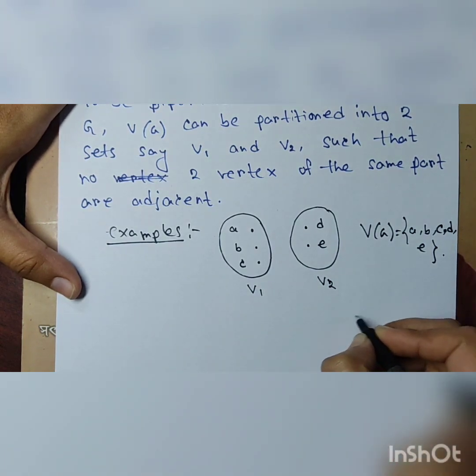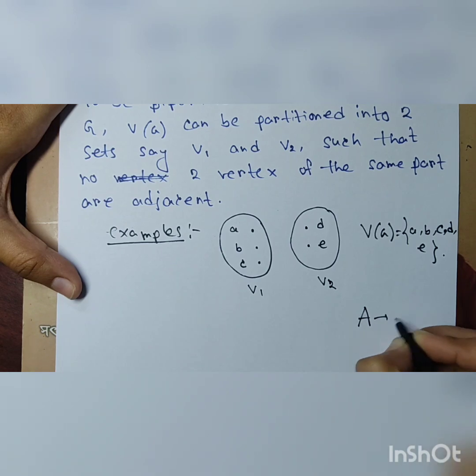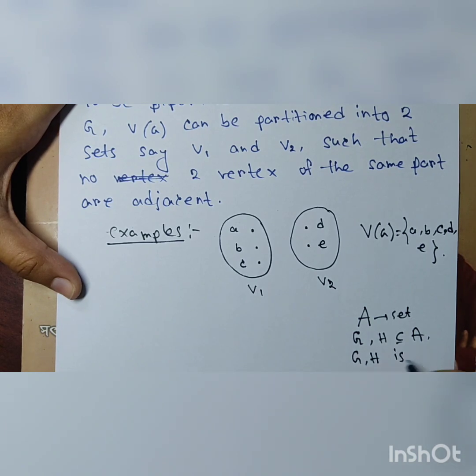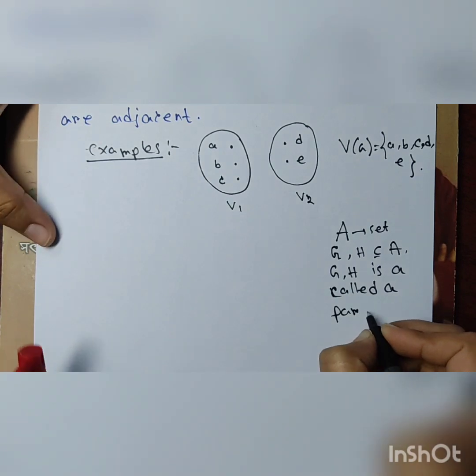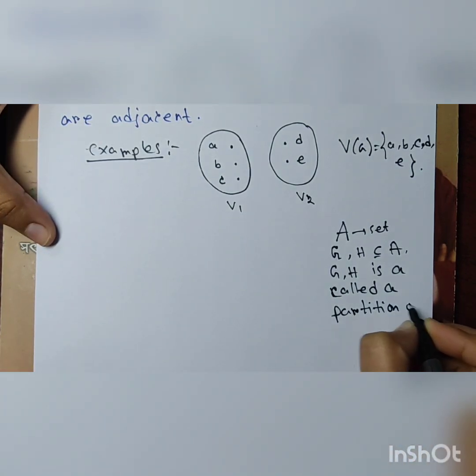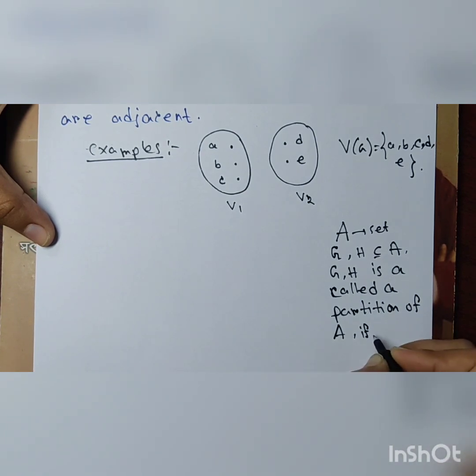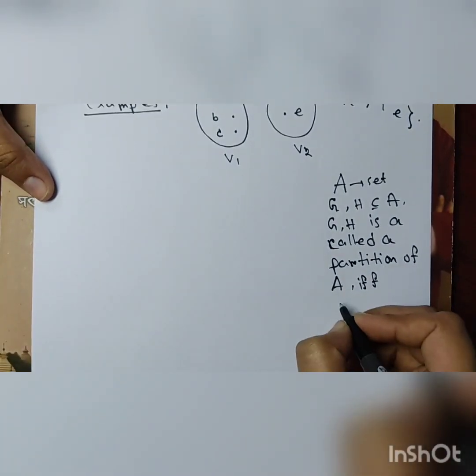So if A is a set, okay, and if G and H be two subsets of A, then we call that G comma H is a partition of A if and only if these two conditions hold.